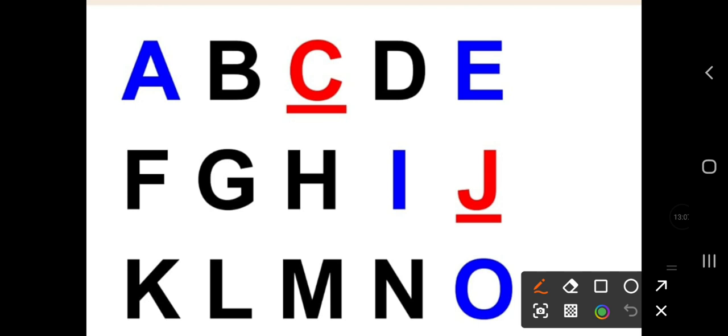The third step is very important. Listen carefully. B is accepted as it is, but C is cancelled. Why? Because C creates confusion.